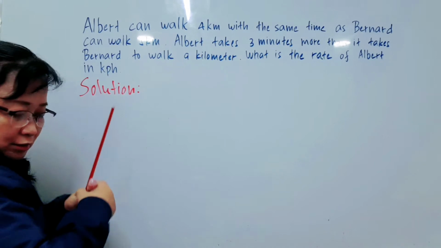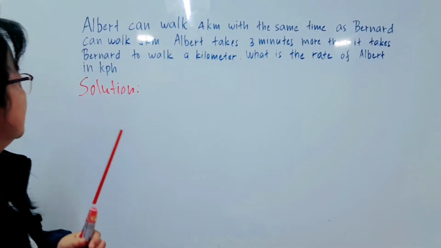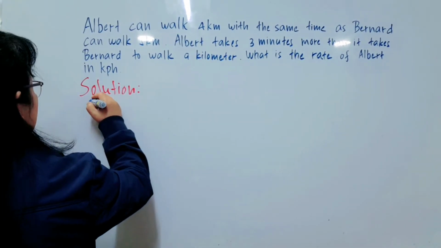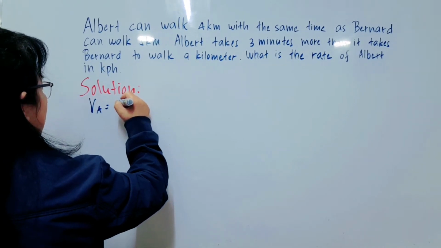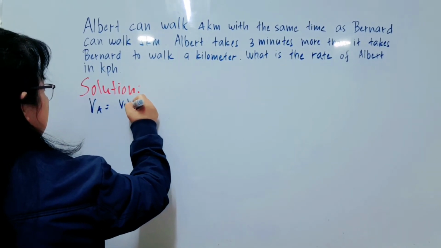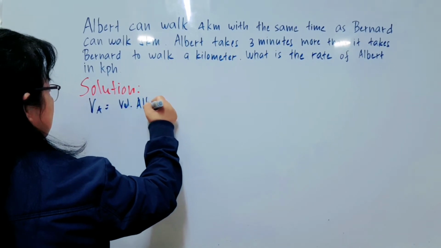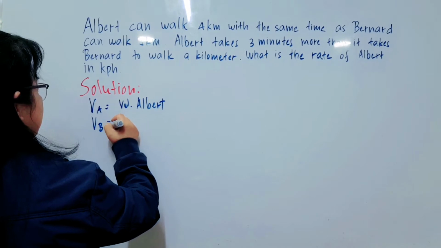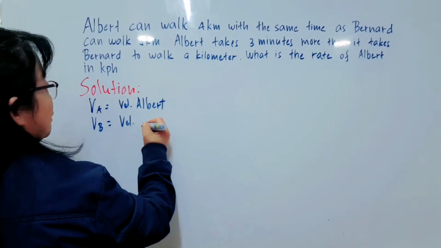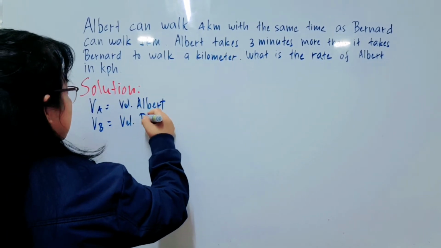If we let VA be the rate, the velocity, for Albert, and VB the velocity for Bernard.